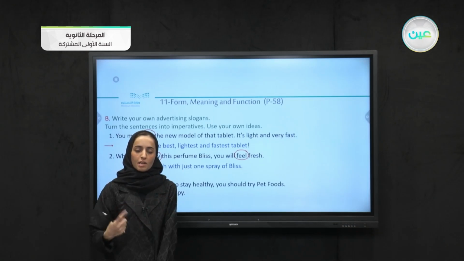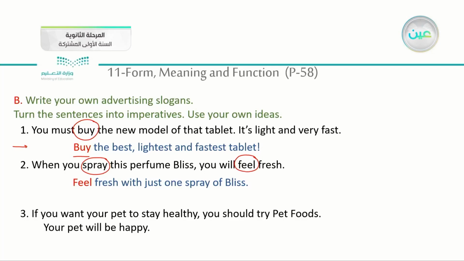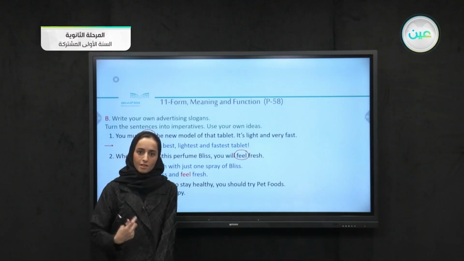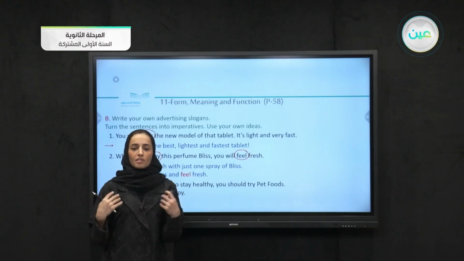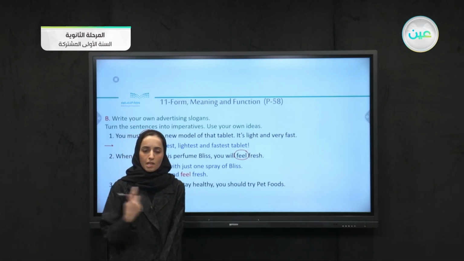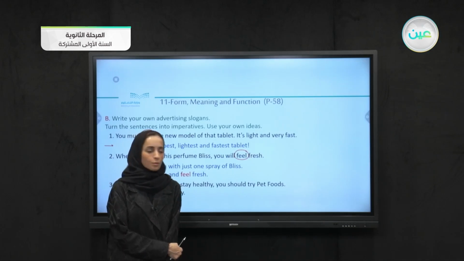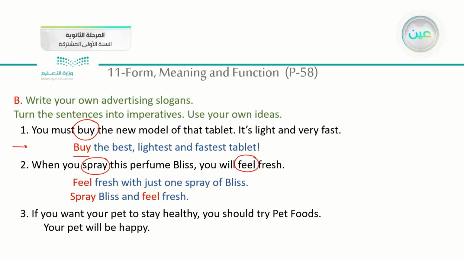I will spray, then I will feel fresh. And also I can say, spray Bliss and feel fresh. So I will spray it, then I feel fresh with Bliss, or spray it and you will feel fresh. These are some of the imperatives. Notice we have started with feel or spray.